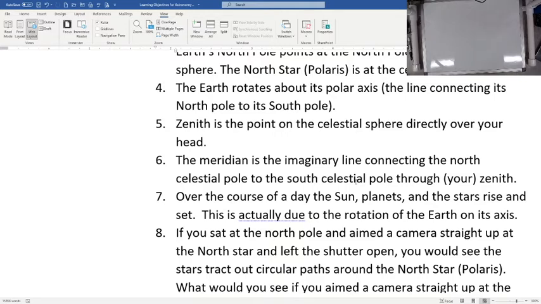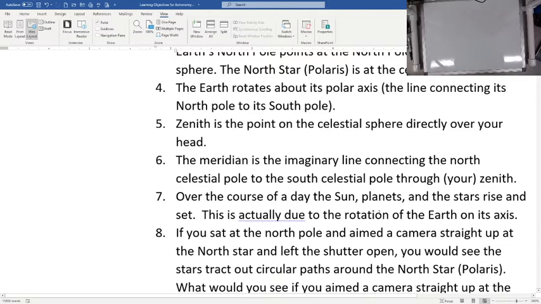Now we do different things with our clocks so that we can have time zones. But back in the old days, when the sun was at the halfway point through the sky, they called that noon. Over the course of the day, the sun and the planets and the stars rise and set. They come up above the eastern horizon and set over the western horizon.